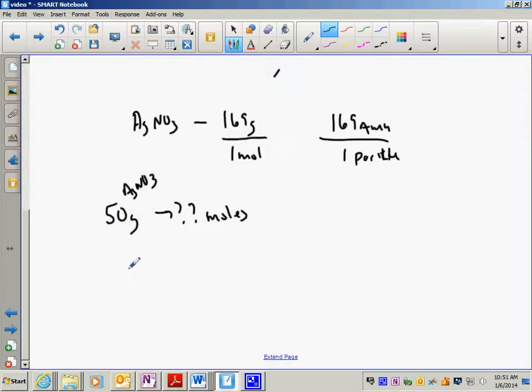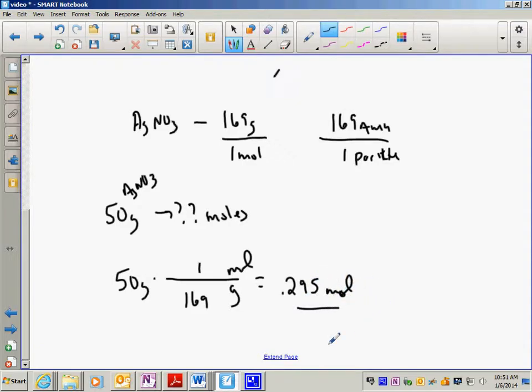So I would say 50 grams. Get rid of grams and go to moles. And I would simply use this conversion. 1 mole weighs 169 grams, and I would simply divide. Now you should note this is less than 1. 1 mole weighs 169, so I have less than 1 mole. 50 divided by 169 equals 0.295 moles.